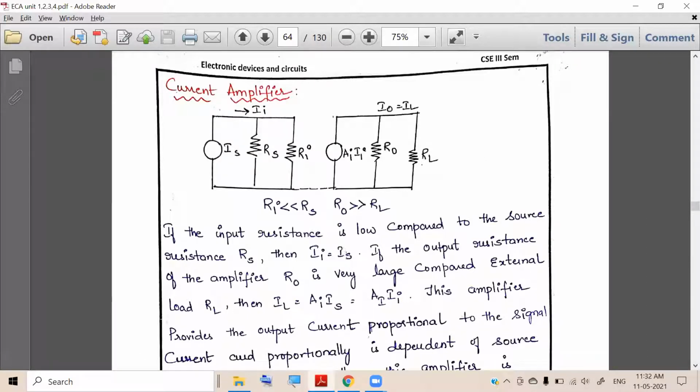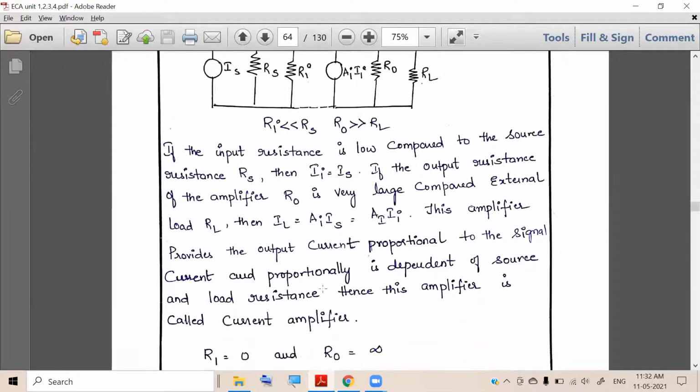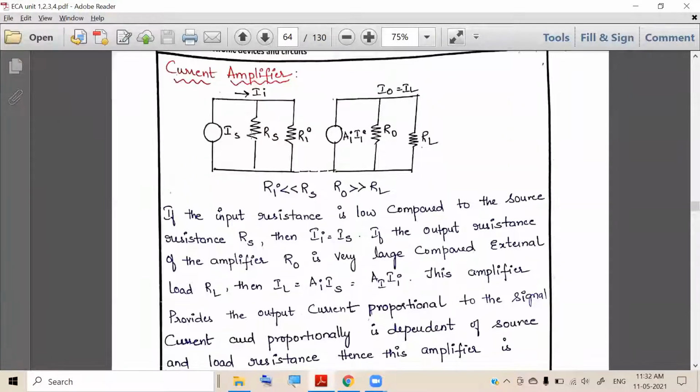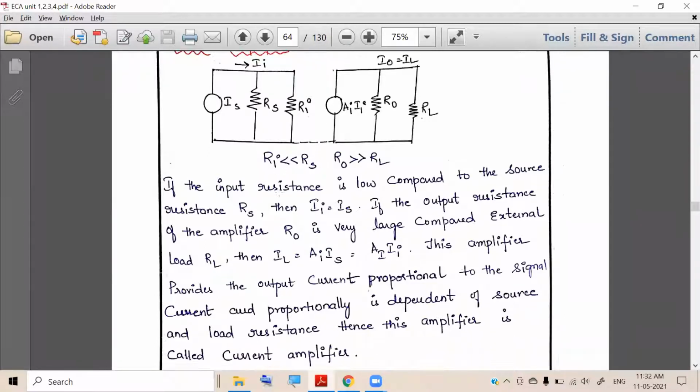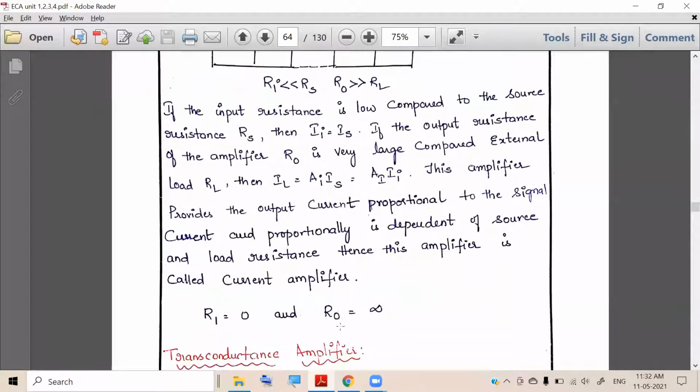Of course, the first condition, Ii equal to Is, is already satisfied. Ri should be less and R0 should be more for a current amplifier. The ideal case is Ri is 0 and R0 is infinite.